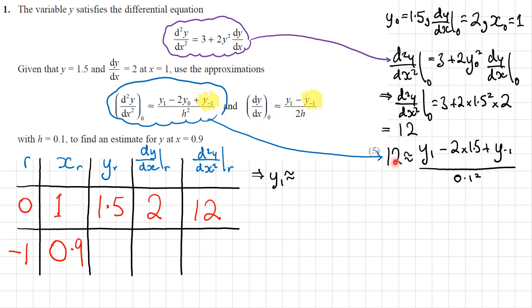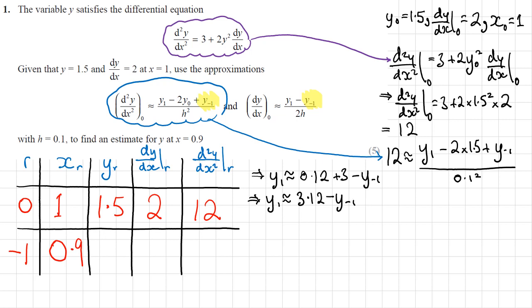So I'll have 12 times by 0.1 squared, that's 0.12, and then I'll also add 2 times 1.5 to both sides, so plus 3, and then we'll have minus y sub minus 1, so I can write that as y1 is approximately 3 plus the 0.12, so that's 3.12 minus y sub minus 1.